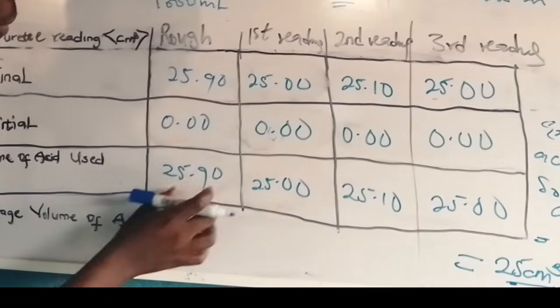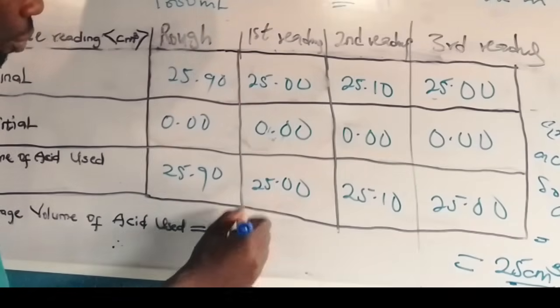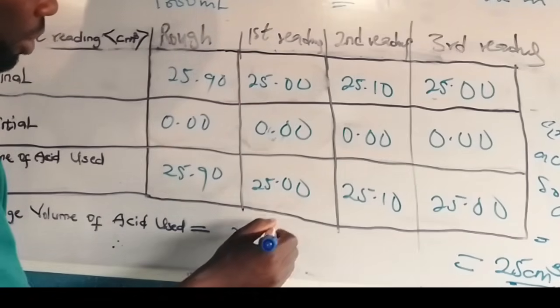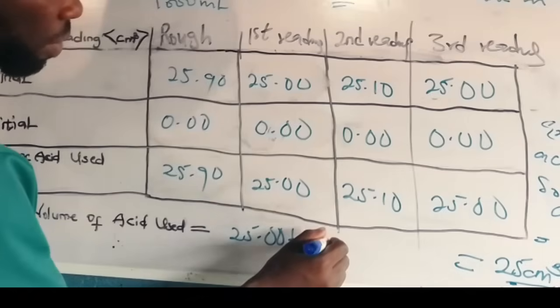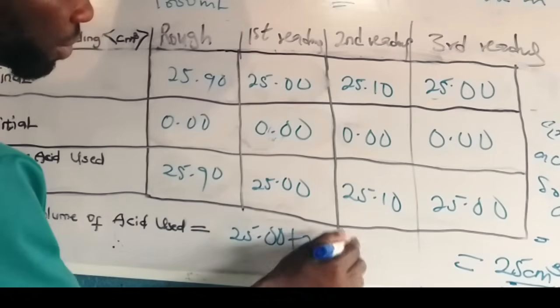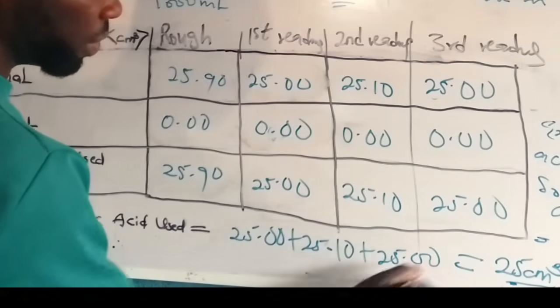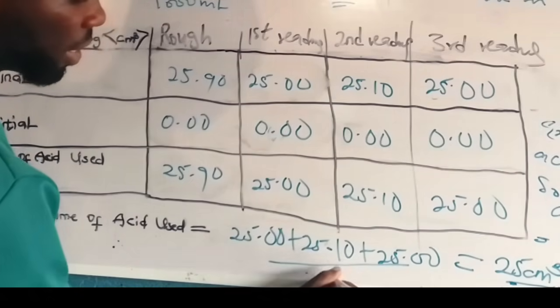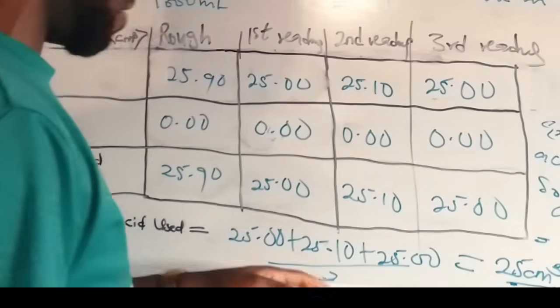Now all you need to do is, this one will be removed. So you will now do 25.00 plus 25.10 plus 25.00 divided by 3. So when we do it, it will still give us 25.00.